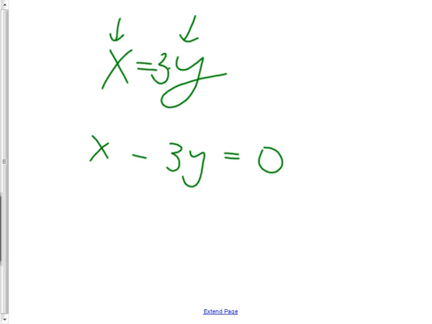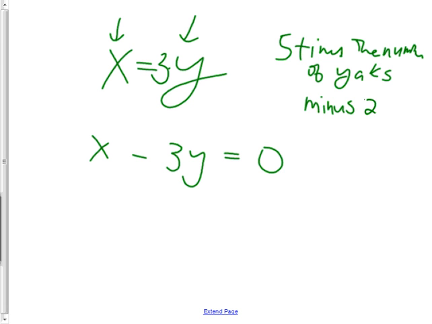Let me give you one more like that. If you take 5 times the number of yaks and subtract 2, you will get the number of xylophones. 5 times the number of y, minus 2, you get the number of x.